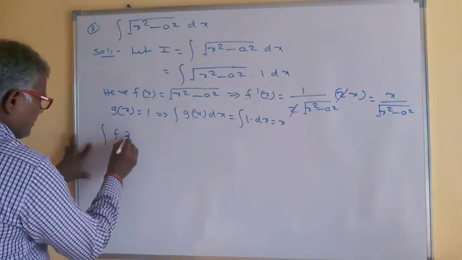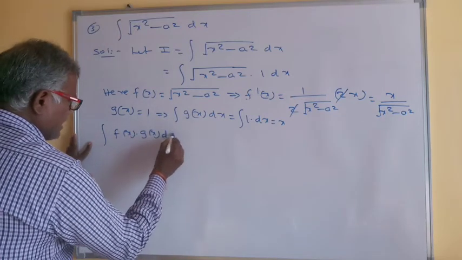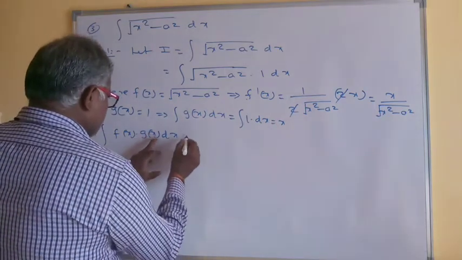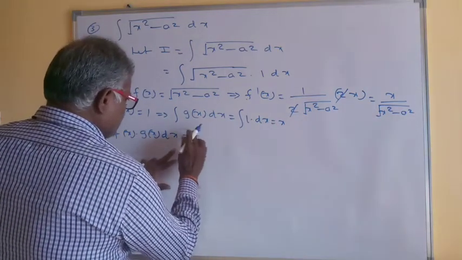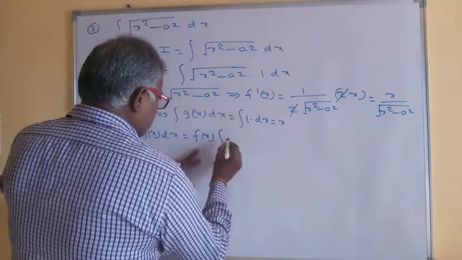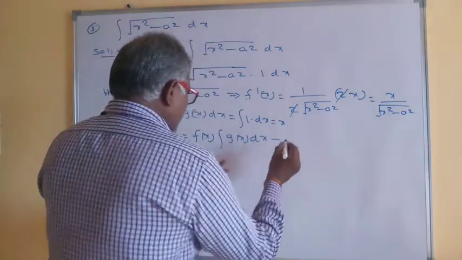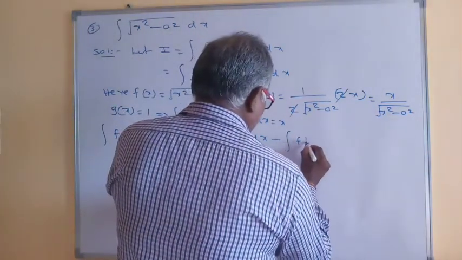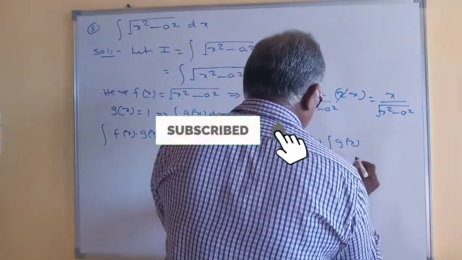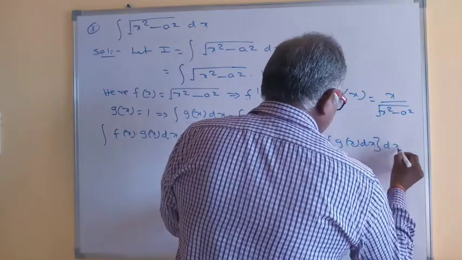Therefore, the product formula: integral f of x g of x dx is equal to first function into second function integral, minus integral of first function derivative into second function integral, with respect to x.